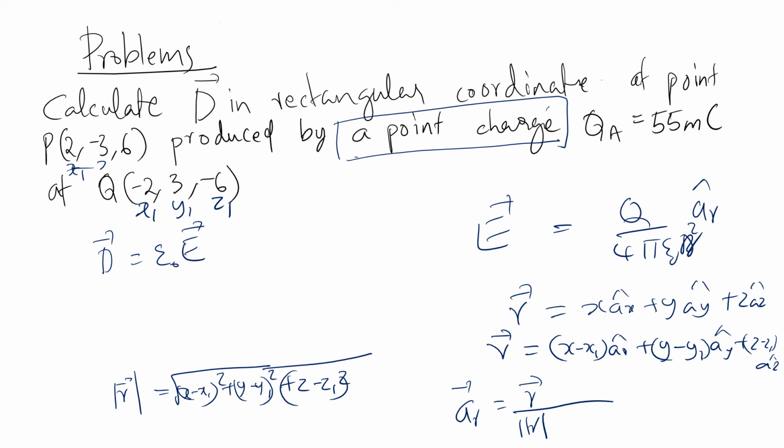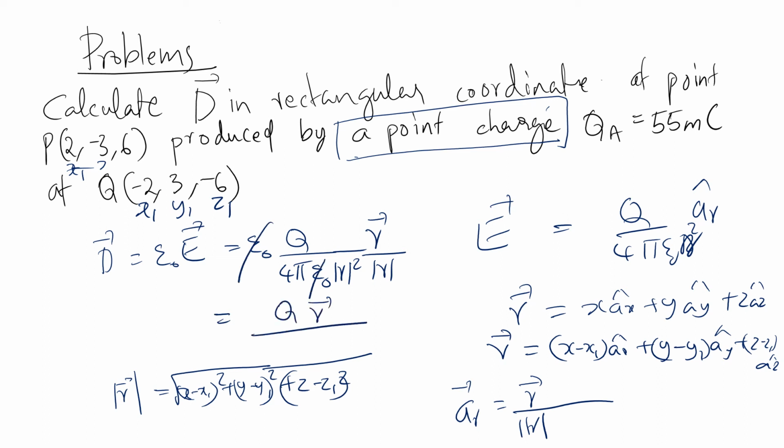So substituting this in the expression of E, it will be Q by 4 pi epsilon 0 mod r square into vector r divided by mod r. So epsilon will cancel, so Q r divided by 4 pi mod r cube. So this is the expression which we will be using for a point charge, right? I think this is clear for you.